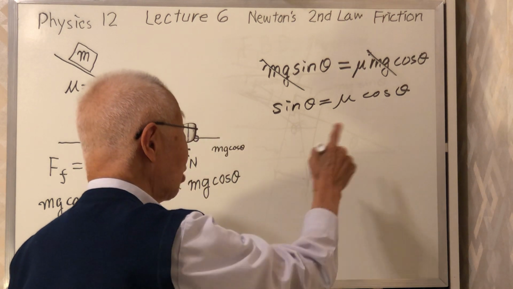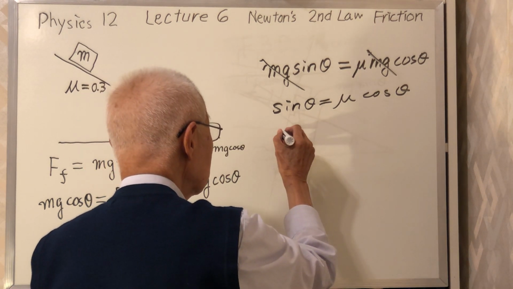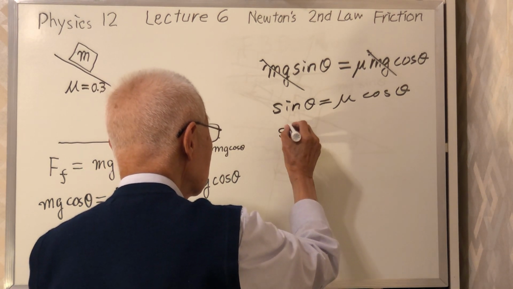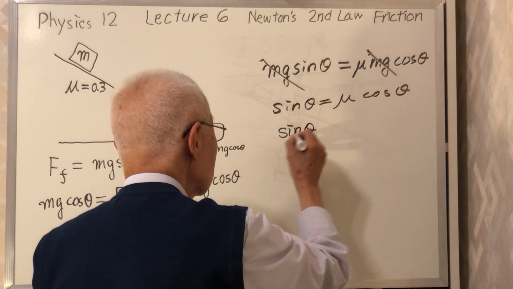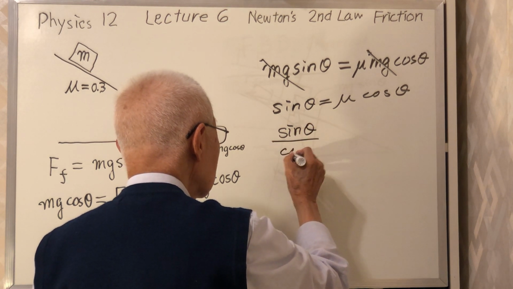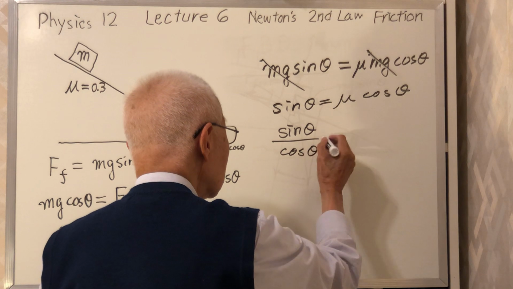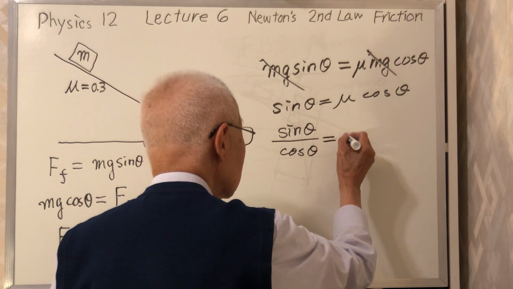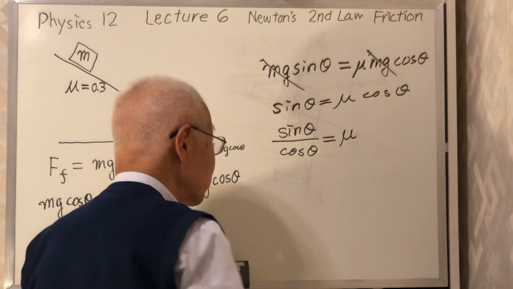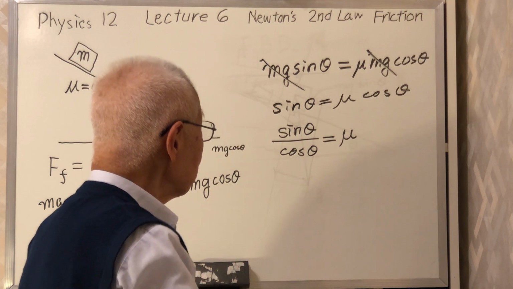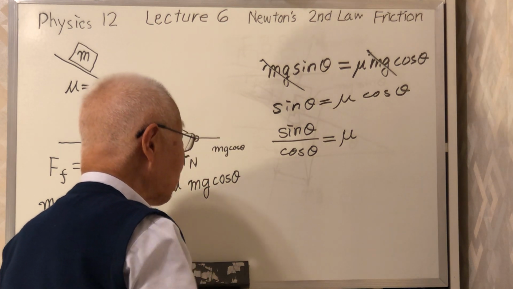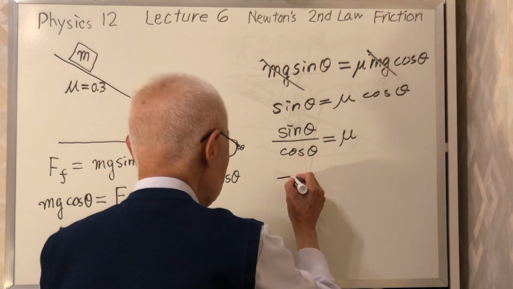Let me divide both sides by cosine theta. Then I have sine divided by cosine is equal to mu. Sine divided by cosine is tangent.